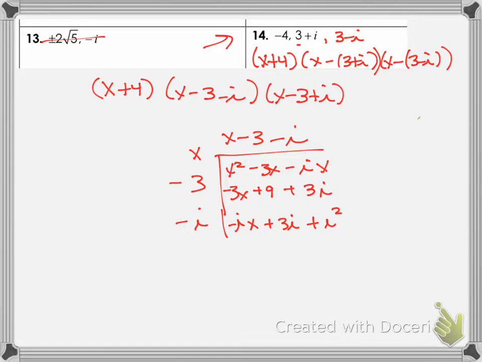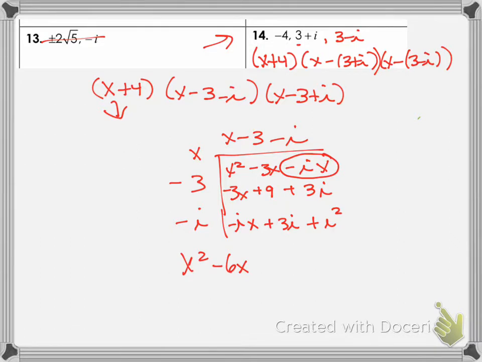So let's combine. We have an x squared, and I'm not going to forget this time, x squared minus 6x, and then I have a minus ix, and this was supposed to be, okay, wait, that ix better go away. So did I do something wrong?